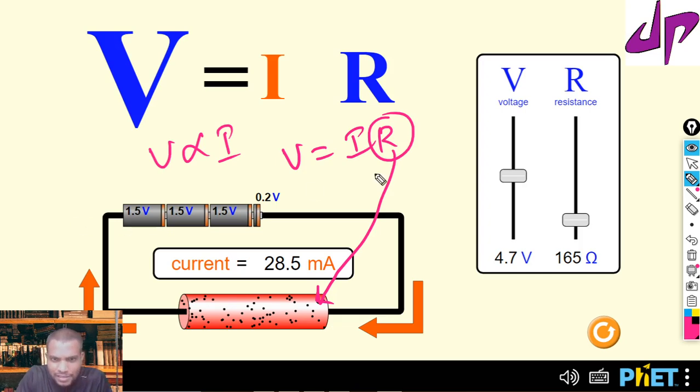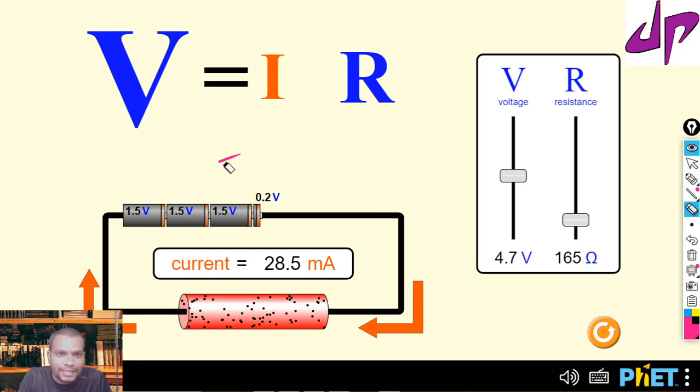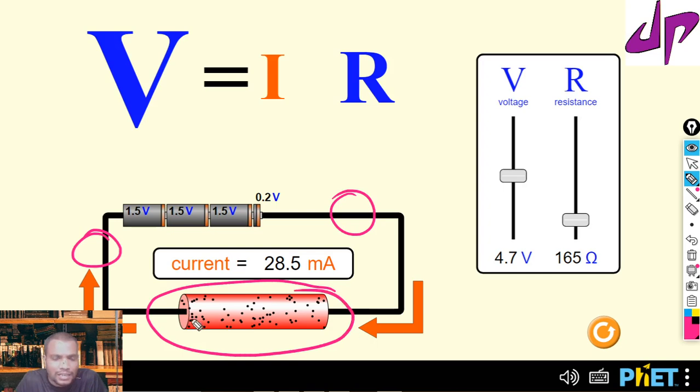By seeing this circuit, I felt you may confuse the connecting wire and the conducting wire. Even though these are connecting wires, we are talking about the conducting wire. That is what I want to highlight.